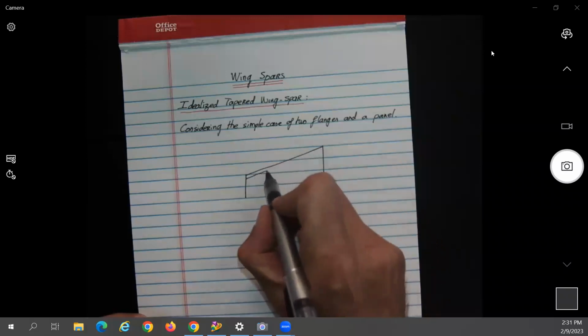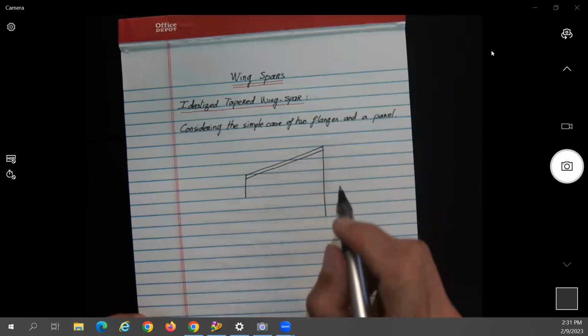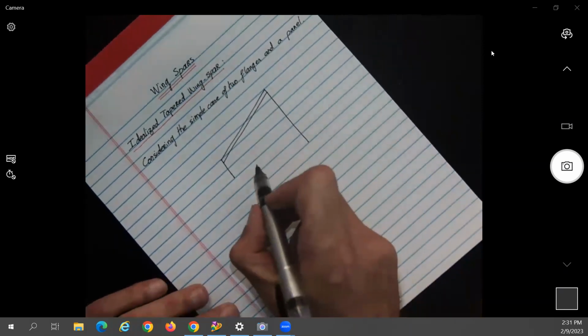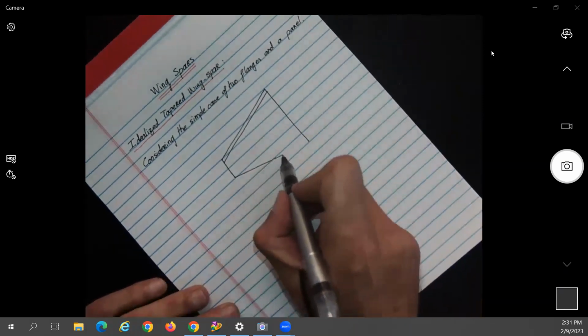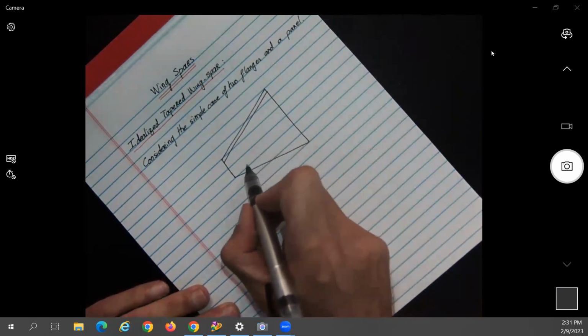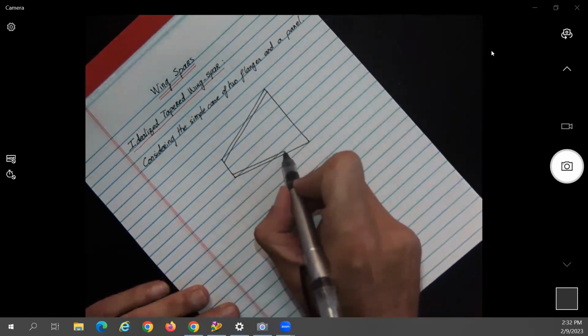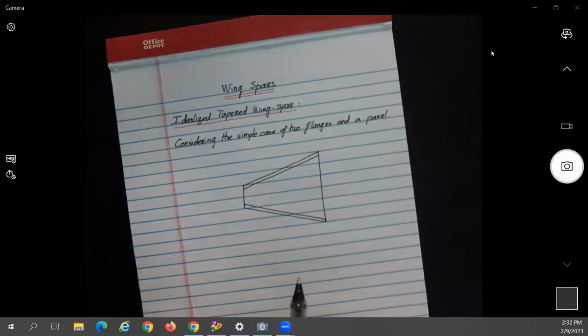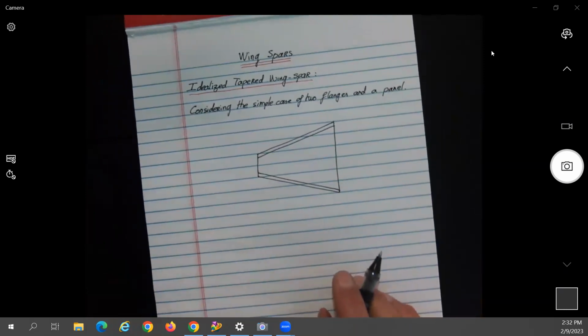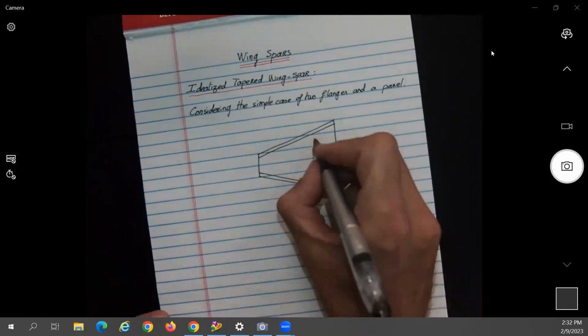On each side of the panel, there will be a stiffener, or a flange, whatever you want to call it.